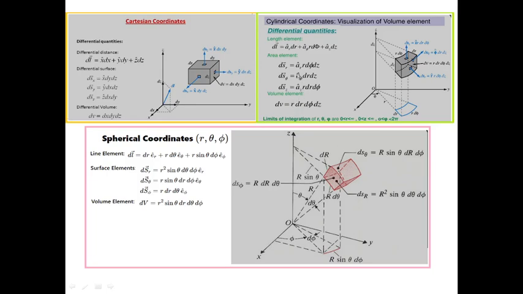Now, here also 6 surfaces are there. One surface is directed along the radial direction. So this surface is r hat, this arm is r d phi, and this side is dz. So r d phi dz.